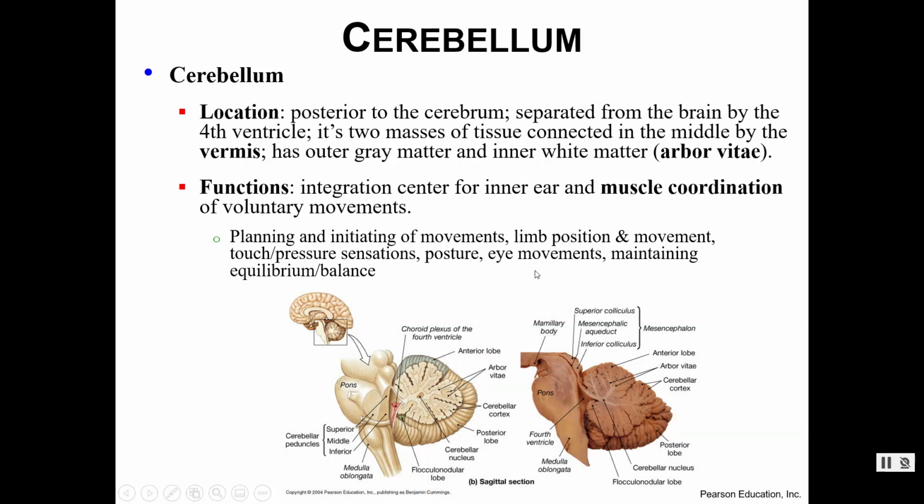It even helps coordinate your eye movements. And it also helps with maintaining your overall balance, which again, your limbs, like your arms specifically when they swing and we walk, kind of helps us maintain our balance as well. So the cerebellum coordinating voluntary muscle movement really helps us smooth out our movements so we don't have these really jerky movements on a regular basis.